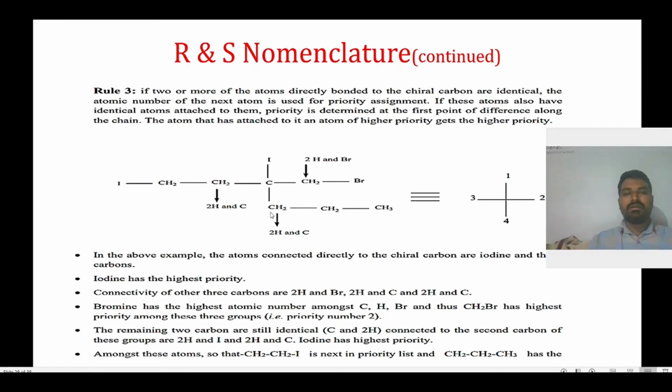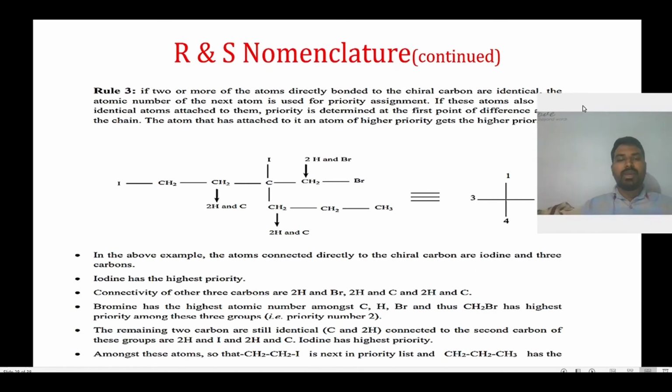In the above example, the atoms connected directly to the chiral carbon are iodine and the three carbons. Iodine has the highest priority. Connectivity of the other three carbons are 2H and Br, 2H and C, and 2H and C. Bromine has the highest atomic number, and thus CH2Br has the highest priority among these three groups, that is priority number second.